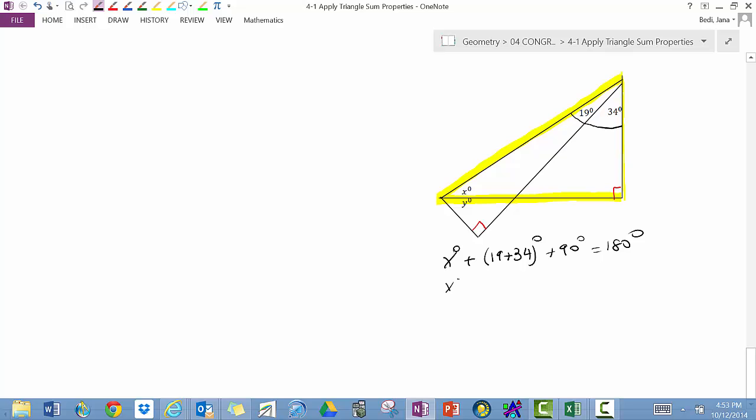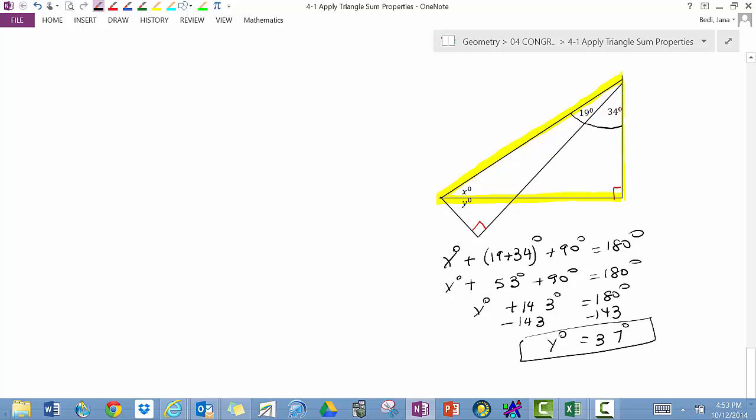So I get x degrees plus 53 degrees plus 90 degrees equals 180 degrees. So you get x degrees plus 143 degrees equals 180 degrees. Subtract 143, and you get x degrees is equal to 37 degrees. I think that is correct.